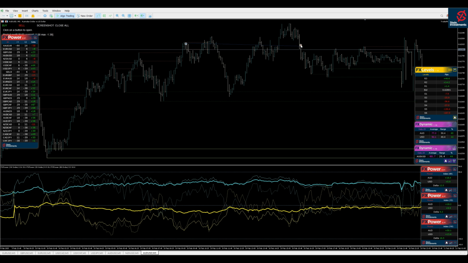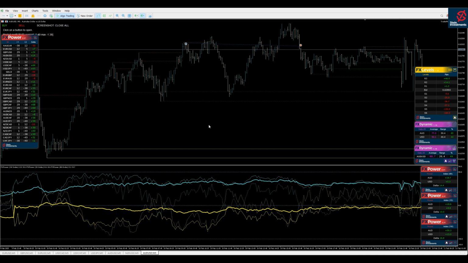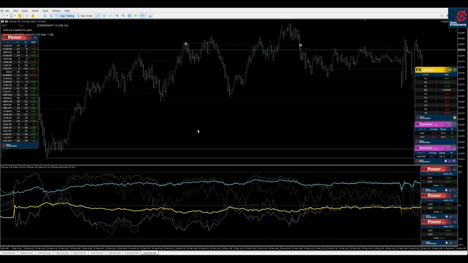So I ended up exiting this trade at almost break even. Either way, this is another proof how precise FX level and its SR detection is, because this is simply outstanding.